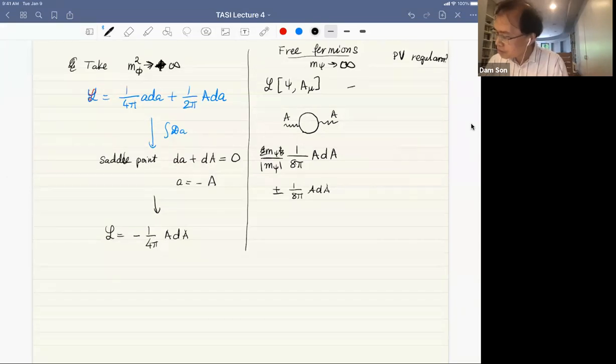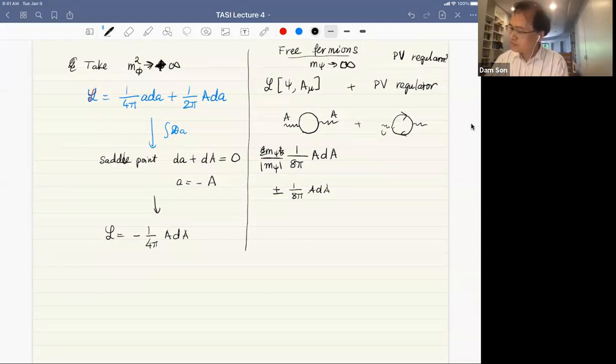The Pauli-Villars regulator would be a field which we choose to have a large mass, and we have to add that to the calculation of the polarization tensor. Depending on the choice of the sign of the Pauli-Villars regulator, it can add, for example, 1/8 pi AdA. So let me choose the sign of the Pauli-Villars regulator to give us minus 1/8 pi.